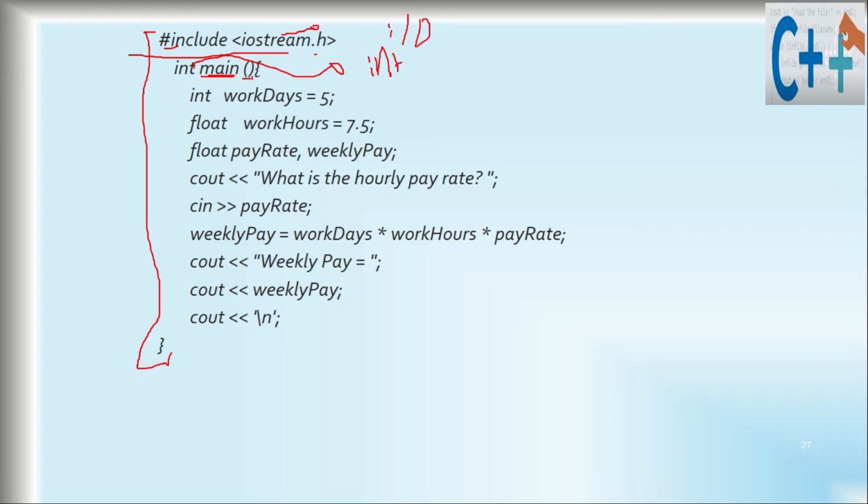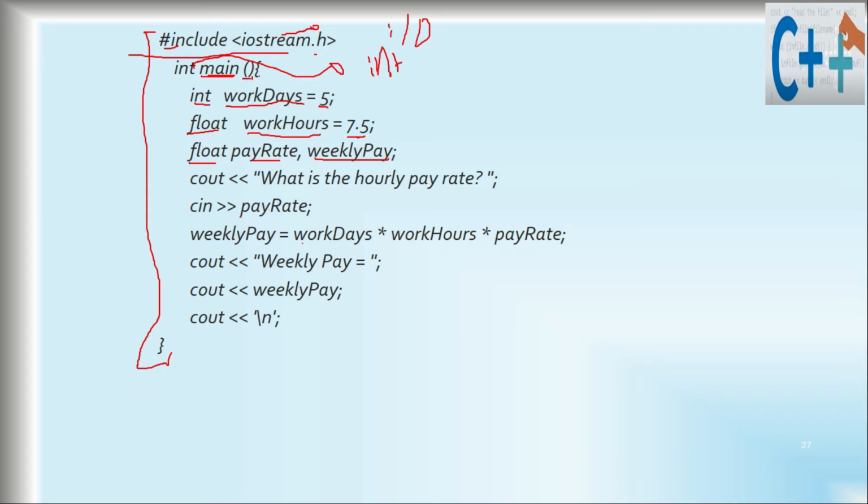Int workdays is equal to 5. Int is an integer data type, and workdays is a variable having a value 5. And float workhours equals 7.5, also float is a data type, and workhours is a variable having the value of this float. Float payRate, weekly pay, float data type, and these are two variables. Then cout: what is the hourly pay rate? cin accepts the input data.